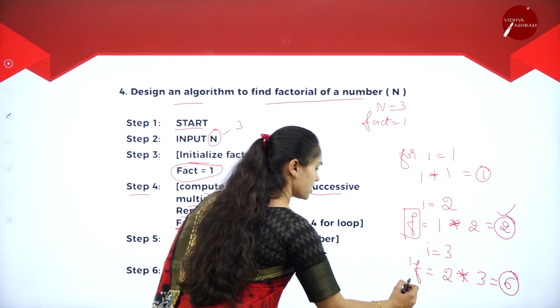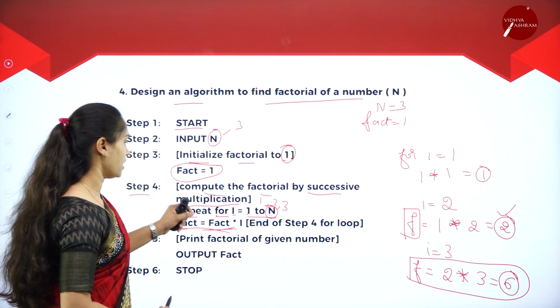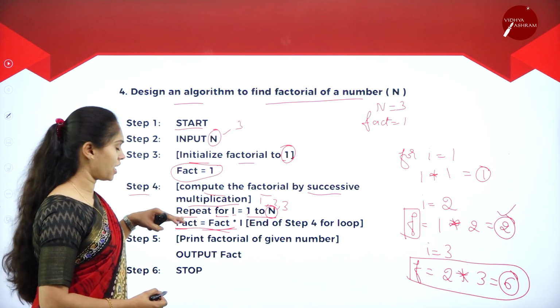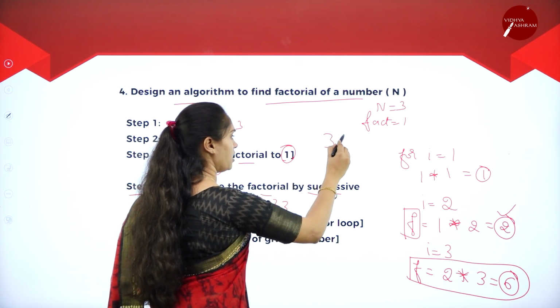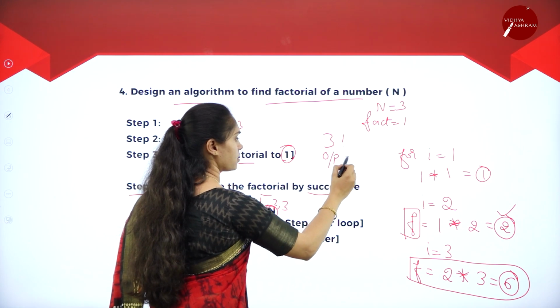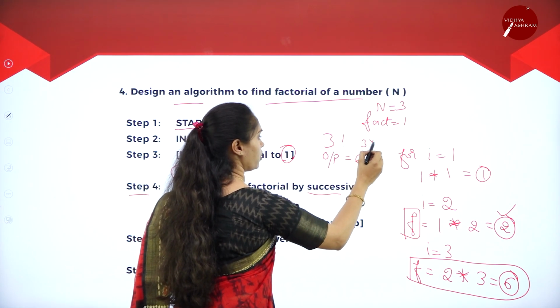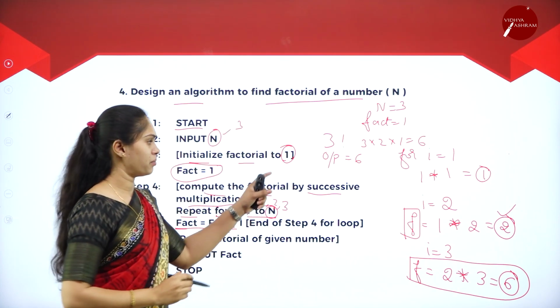That is 6 itself. Okay, so that is the last step. Here we are finding the factorial. I have given 3 as an input and now I got 6 as the output, because 3 into 2 into 1 gives me 6. So that will be the output.